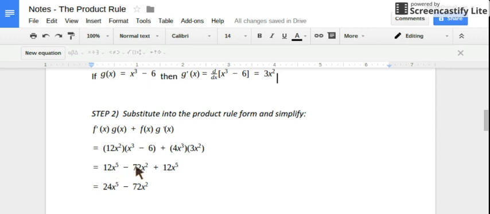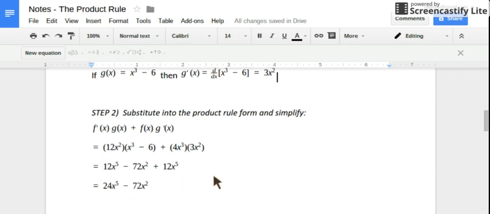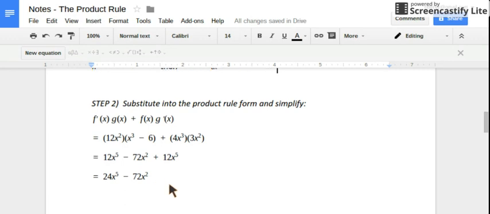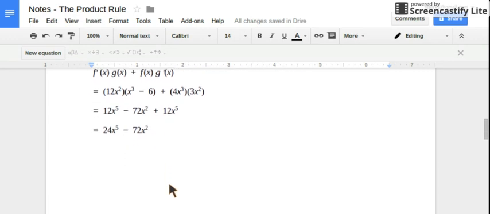We got two like terms, 12x to the fifth plus another 12x to the fifth gives us 24x to the fifth, and that minus 72x squared is left over. We always want to try and rewrite functions in descending order of their exponents. So always put the highest exponent term first, followed by ones that are lower than that.